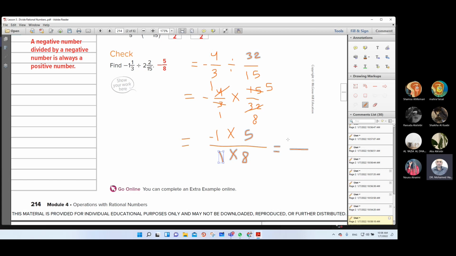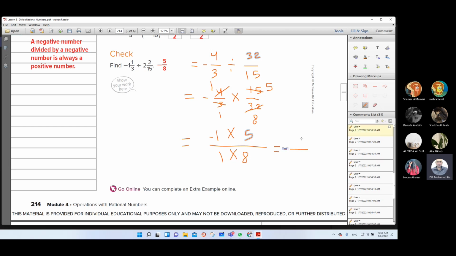Negative 1 times 5, negative 5, and 1 times 8 equal 8. So the answer will be negative 5 over 8.